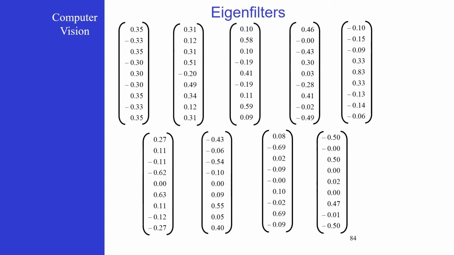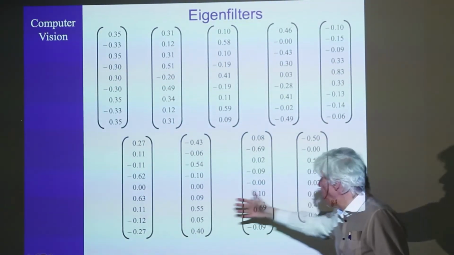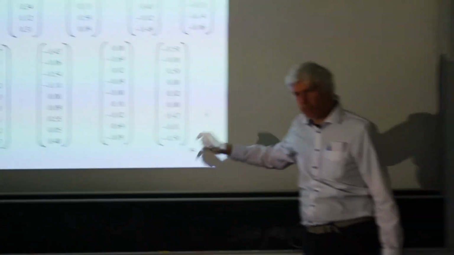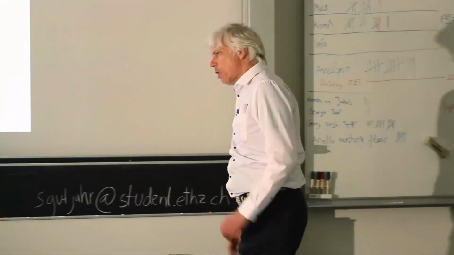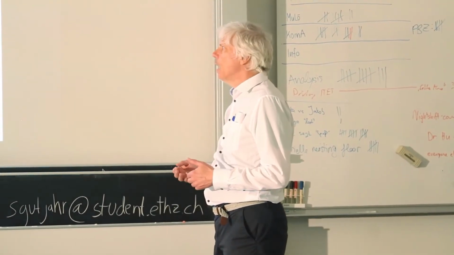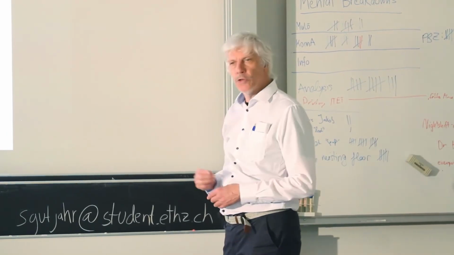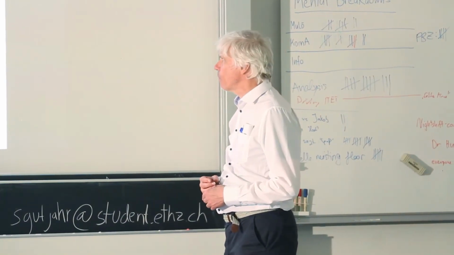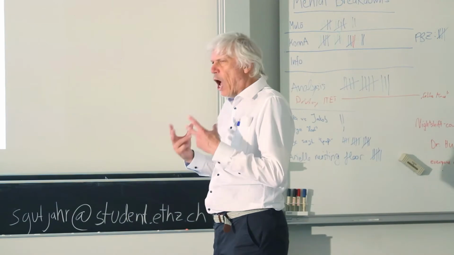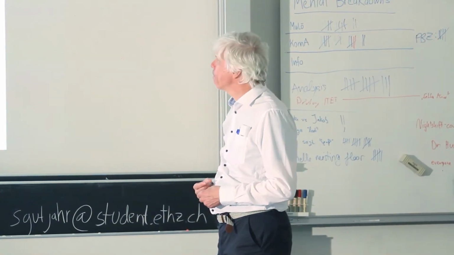Here are the eigenvectors from largest variance to lowest variance. So I now want to exemplify the construction of one of these eigenfilters from those eigenvectors. So the generation of an eigenfilter from an eigenvector here.